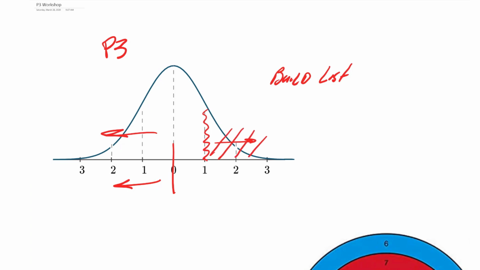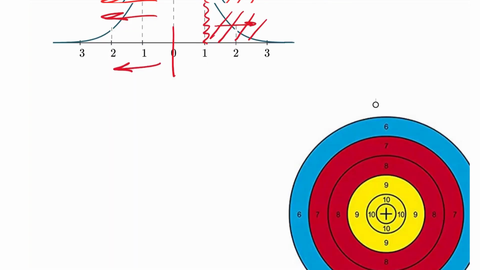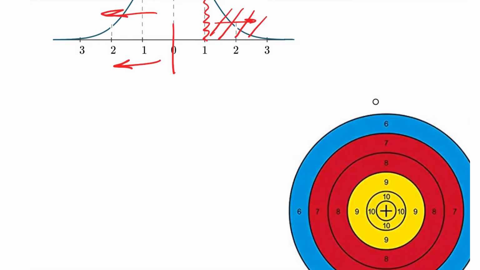Okay, we want to skip those folks. And when you have a list of leads or prospects, or maybe even a list of suspects, maybe that's the best way to frame this.